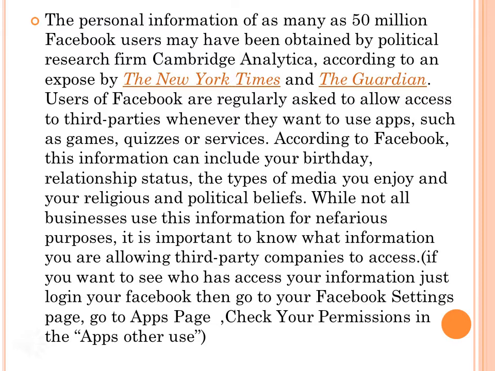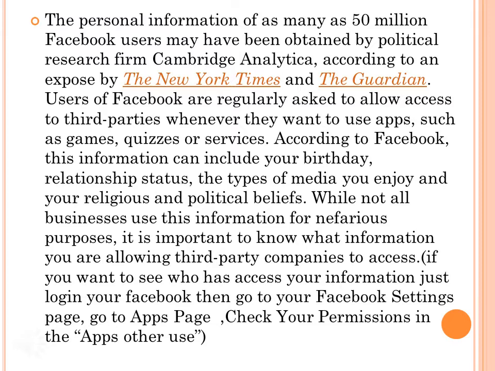According to Facebook, this information can include your birthday, relationship status, the types of media you enjoy, and your religious and political beliefs. While not all businesses use this information for nefarious purposes, it is important to know what information you are allowing third-party companies to access.